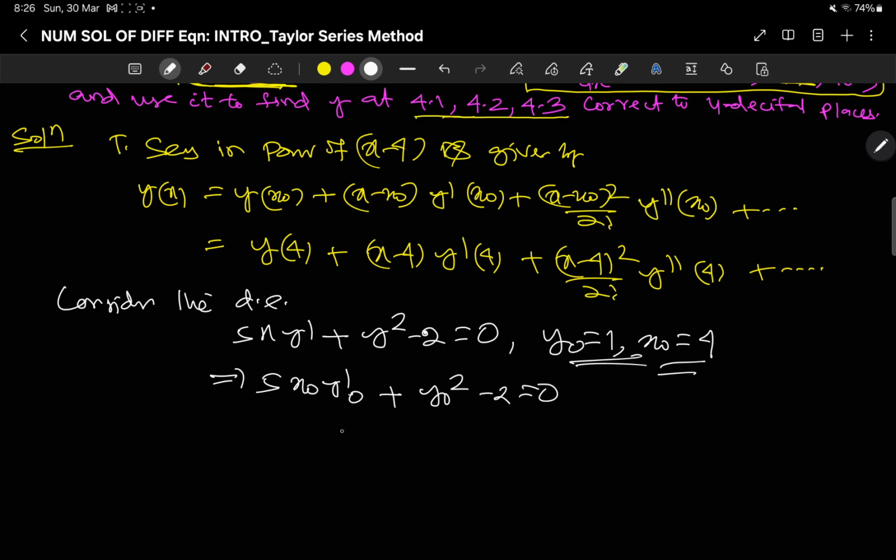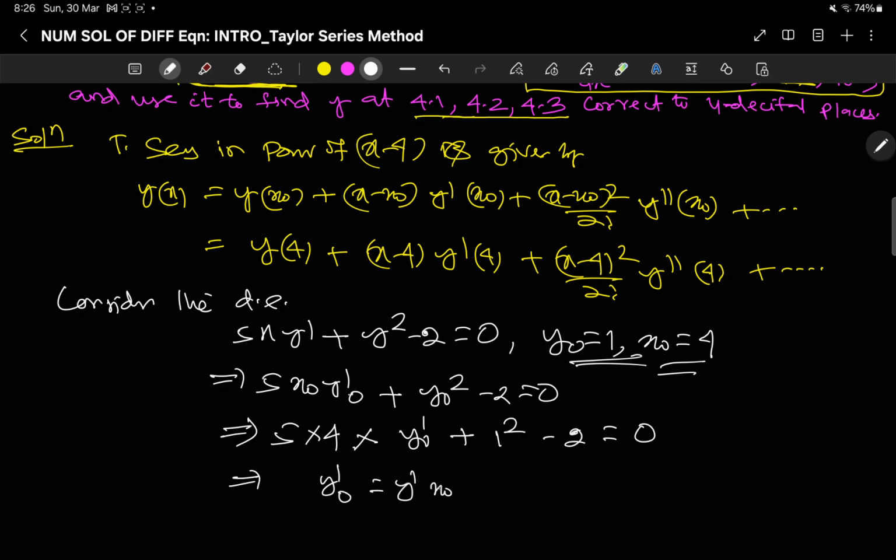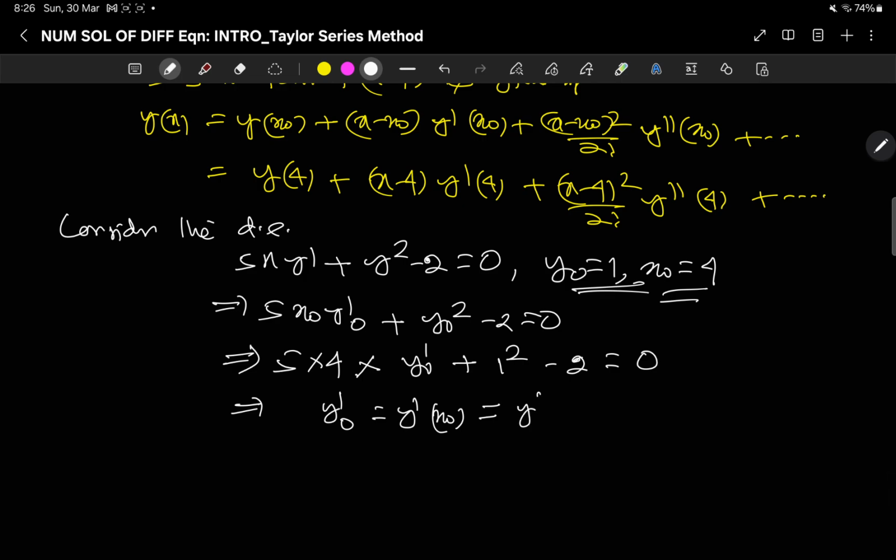You substitute x0 and y0. So that means 5 into 4 into y'(0) plus y0 square, 1 square, minus 2 is equal to 0. So y'(x0), that is y'(4), is equal to 1 by 20.